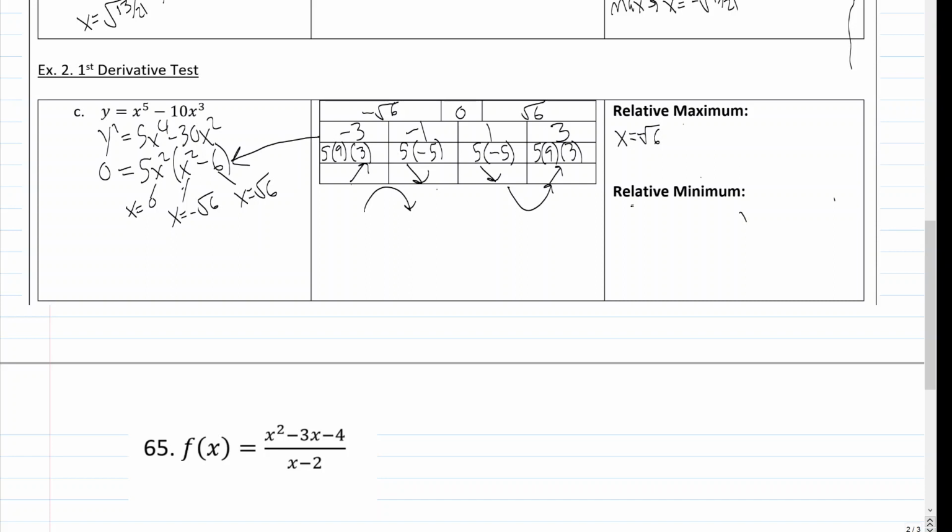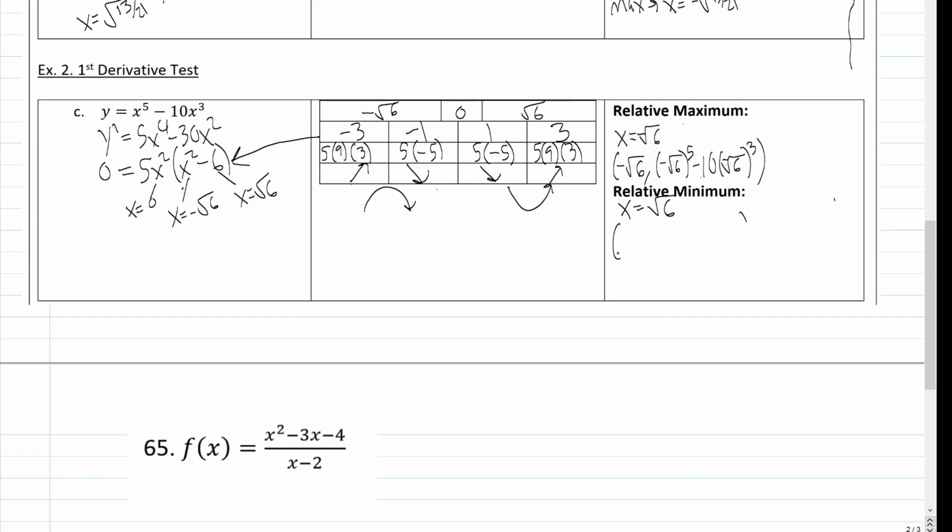Negative root 6. And our minimum happens at x equals positive root 6 from my little pictures here. Now, sometimes they'll ask you for points. If they do that, then we've got to say negative root 6 is our x value, and negative root 6 plugged into the original function is our y value. So it'd be negative root 6 to the 5th minus 10 times negative root 6 to the 3rd.